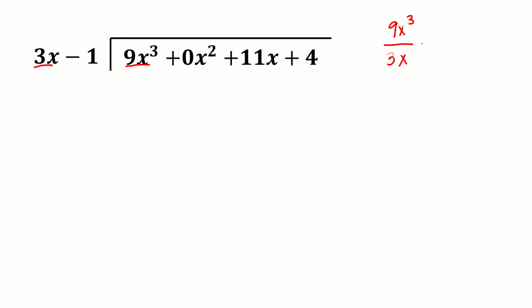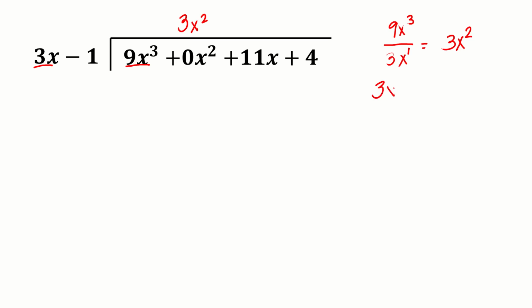So 9 divided by 3, that is 3. Then x cubed divided by x, again, ma-minus lang natin yung exponent. So 3 minus 1, this will be x squared. So the answer natin ay 3x squared.